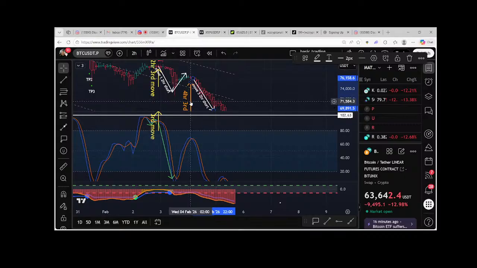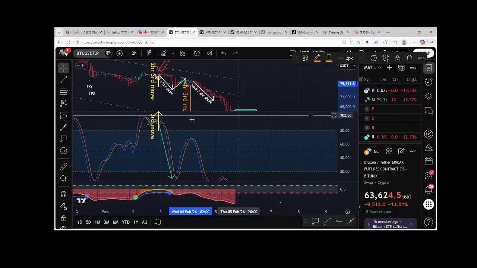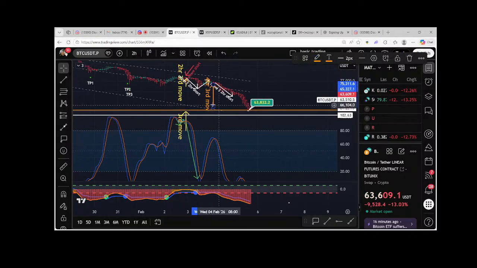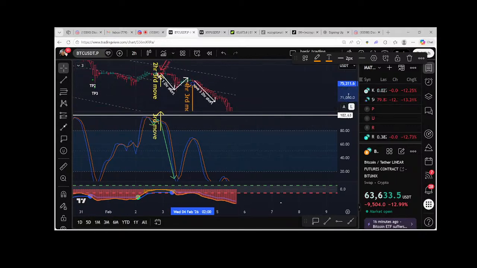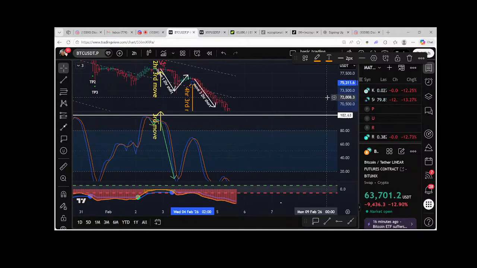I put the 4-hour third move here, right? Third move, because more than likely, that's when the 4-hour time frame is going to show you that there's going to be a move, right?